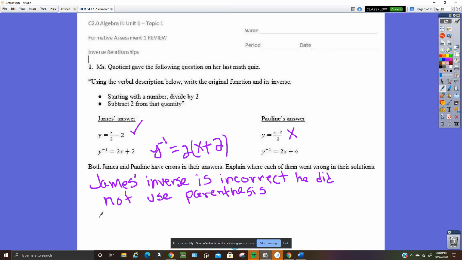So Pauline's original function is wrong, she did the wrong order of operations.